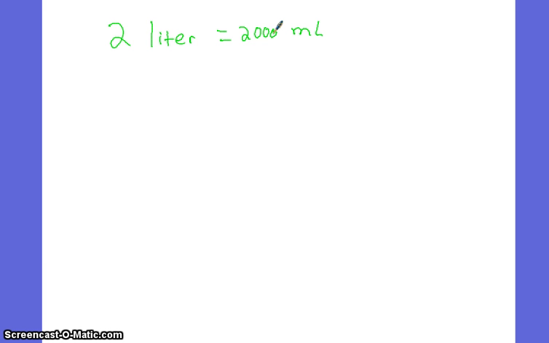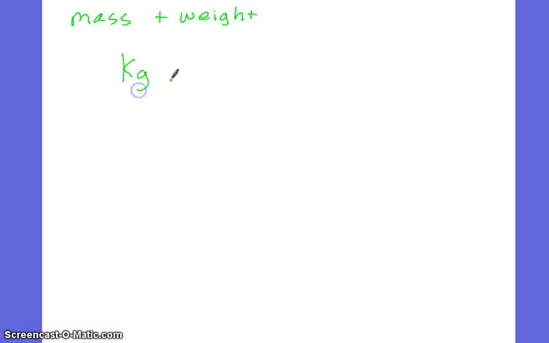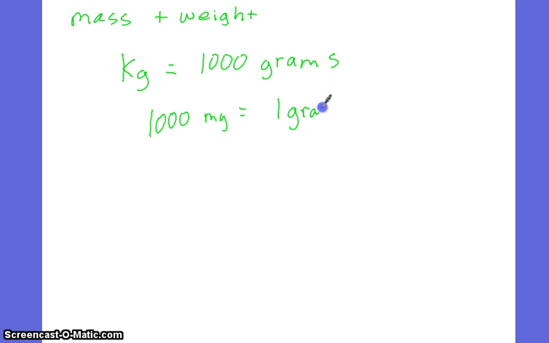Now if we're talking about mass and weight, then we're talking about grams to kilograms. A kilogram equals 1,000 grams. So a gram is like a meter in that case, and 1,000 milligrams equals 1 gram.